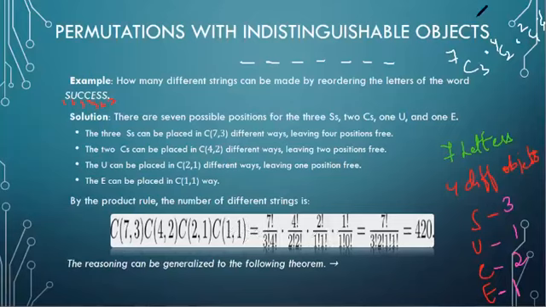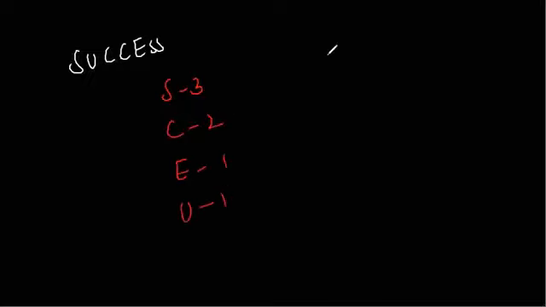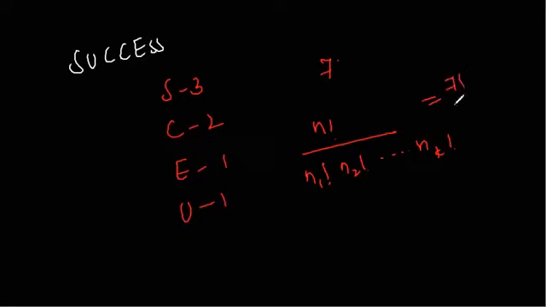Or else there is another way to do the same problem. The word success contains 3 S, 2 C's, 1 E and 1 U. The total number of letters is 7, and using the formula, n factorial by n1 factorial into n2 factorial and so on up to nk factorial, we get 7 factorial by 3 factorial for type S, 2 factorial for type C, into 1 factorial into 1 factorial, which equals the same result we got earlier, that is 420.